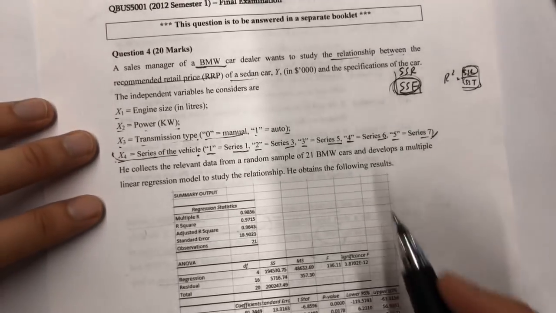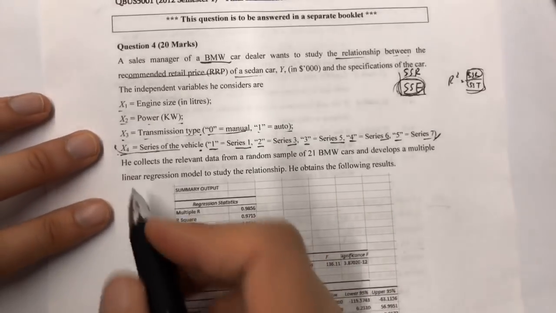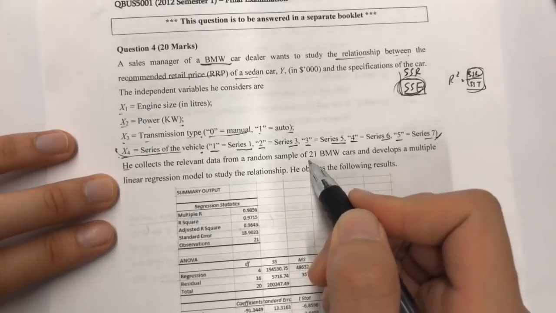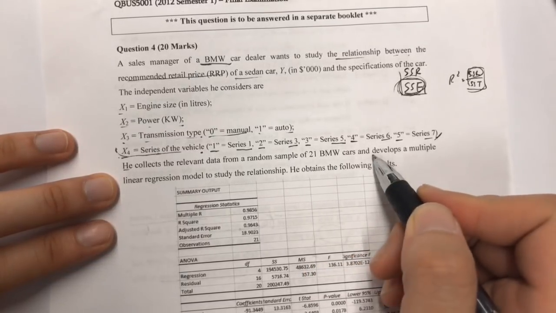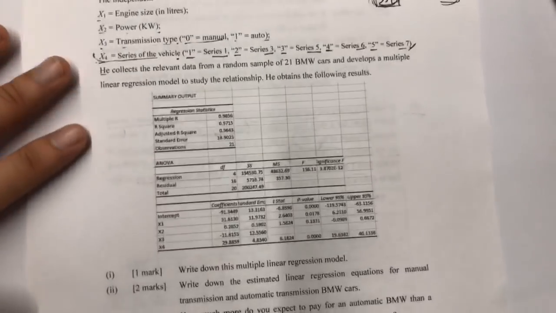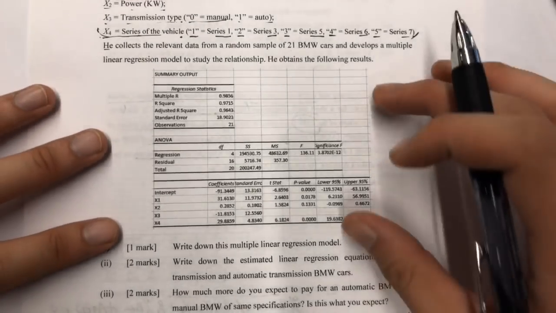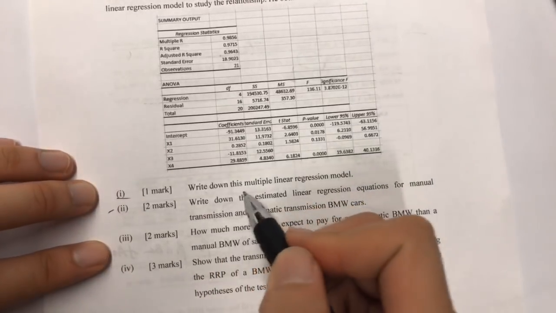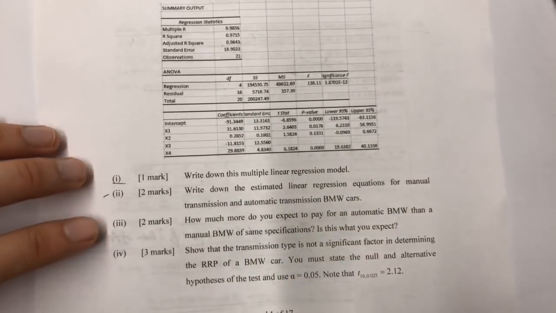Okay, all right. Now let's go back to this question. He collects the relevant data from a random sample of 21 BMW cars and develops a multiple linear regression model to study the relationship. The results are as follows. So firstly, write down this multiple linear regression model.